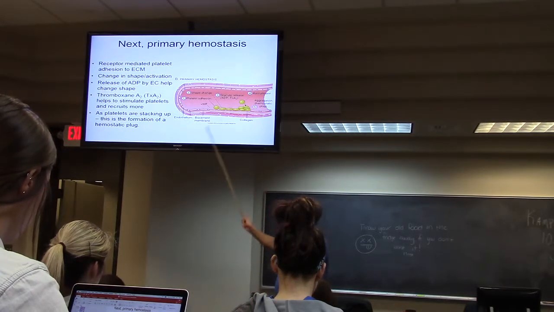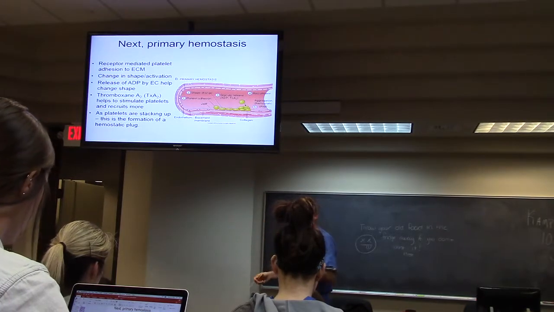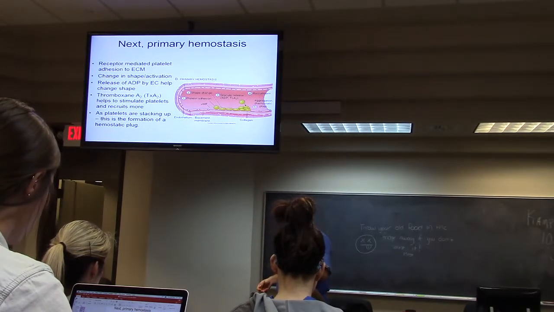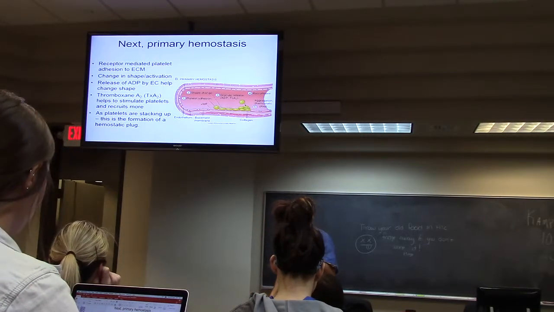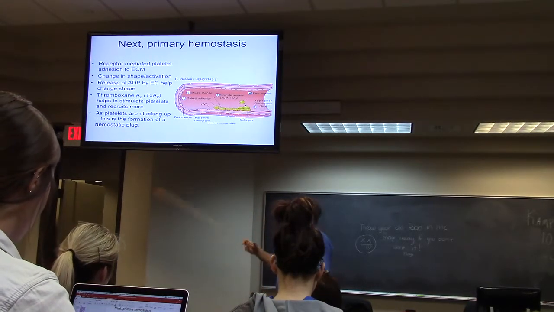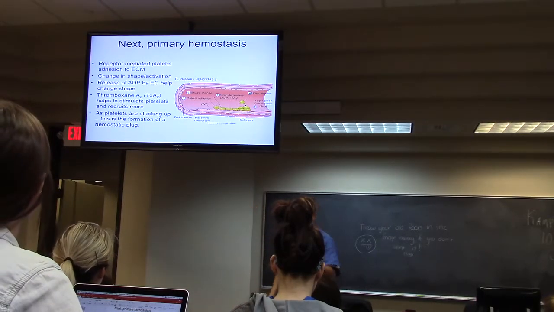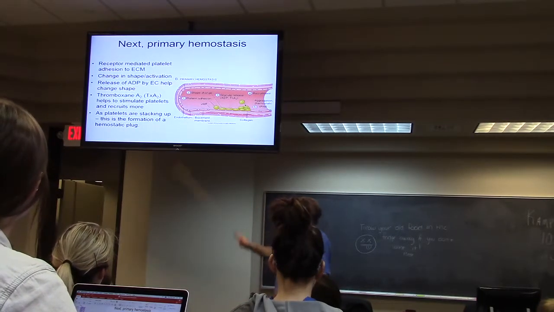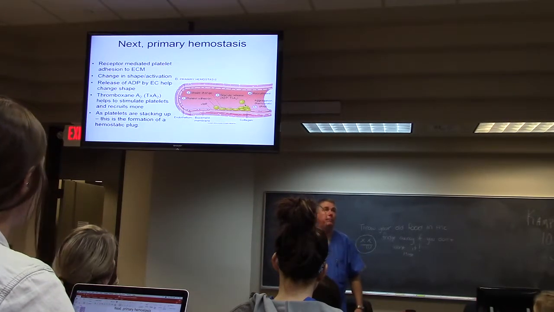All right, so we have recognition of the extracellular matrix by the platelets. They have receptors that are sticky to the extracellular matrix, and they will start binding to it. And I'll show you in just a second how they do that. But you can see that they start binding to and start to plug the hole.